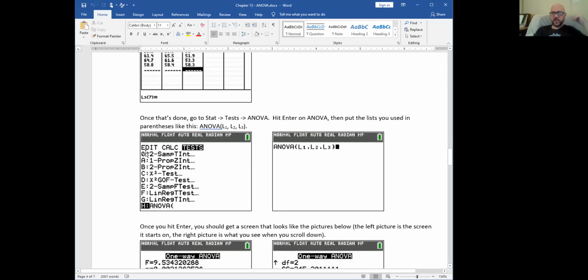We were careful about it, checked it. There's a lot to check, so do be careful. We go to stat and tests and ANOVA, and then we tell it which columns we used. We used L1, L2, L3. You can use other columns if you want to. In fact, sometimes it'll be to your benefit to use different ones, like if you want to keep data in some of the other ones. So don't get married to L1, L2, L3, but that's the default.